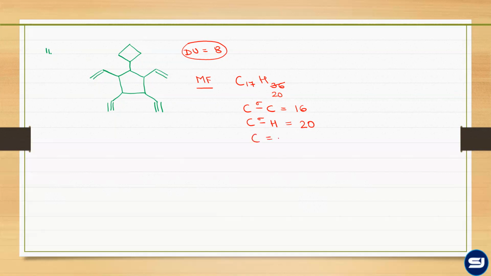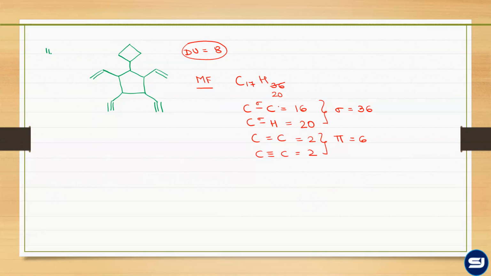Then the number of double bonds are observed from the structure, which will be equal to 2. And the number of triple bonds will be equal to, again, 2. So this will give you the number of pi bonds equal to 6. And the number of sigma bonds equal to 36.